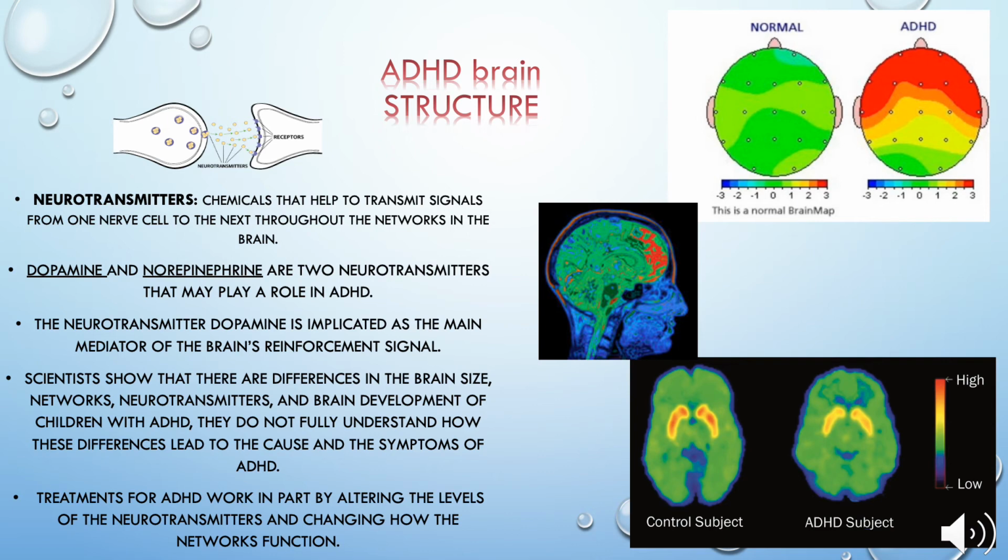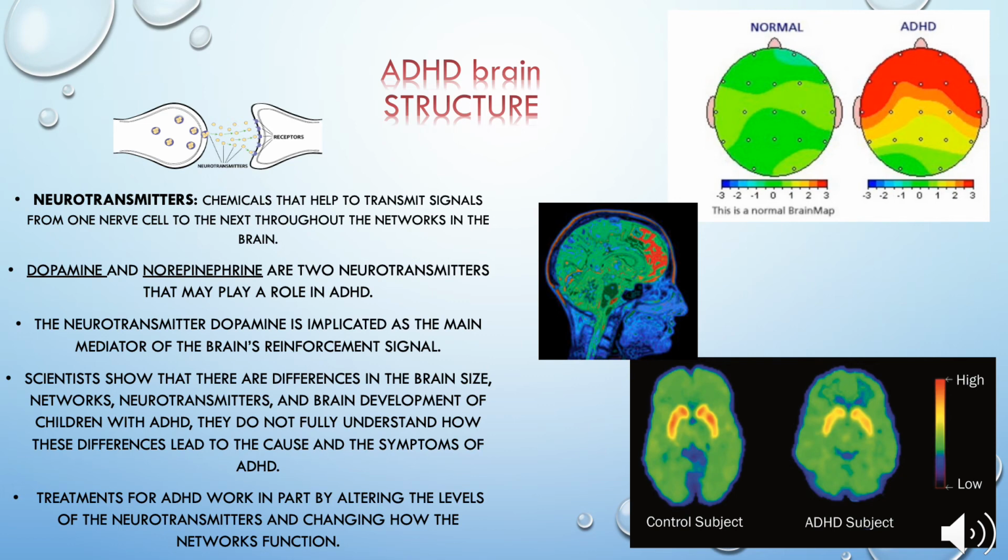Scientists show that there are differences in the brain size, networks, neurotransmitters, and brain development of children with ADHD. They do not fully understand how these differences lead to the cause and the symptoms of ADHD. Treatments for ADHD work in part by altering the levels of neurotransmitters and changing how the networks function.